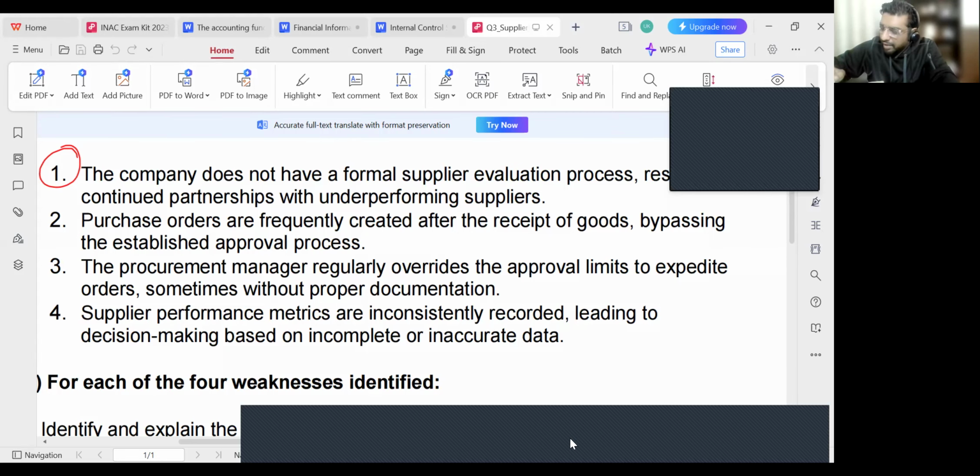When a company does not have a formal supplier evaluation process, the absence of a formal supplier evaluation process is due to a lack of focus on supply management.